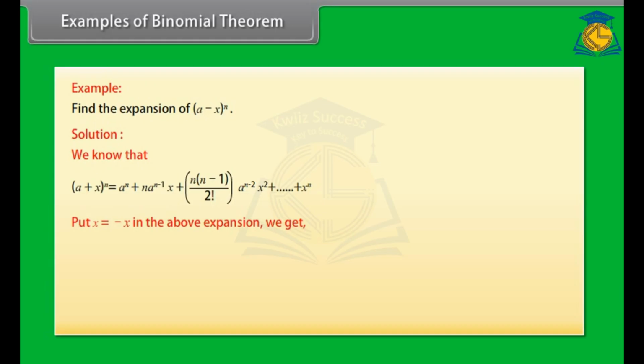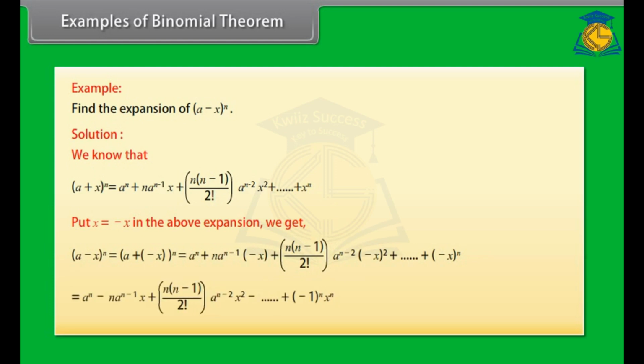Put x equal to −x in the above expansion. We get aⁿ − n aⁿ⁻¹ x + n(n−1)/2! aⁿ⁻² x² up to (−1)ⁿ xⁿ.